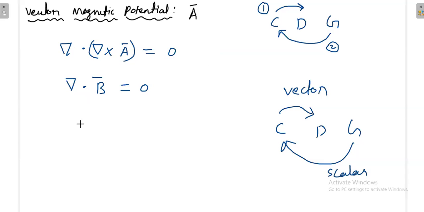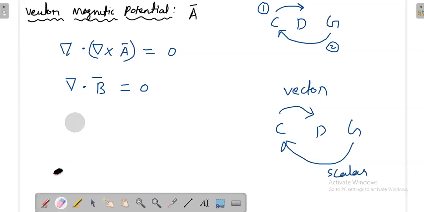Finally what happens? B is equal to del cross A. Very important.